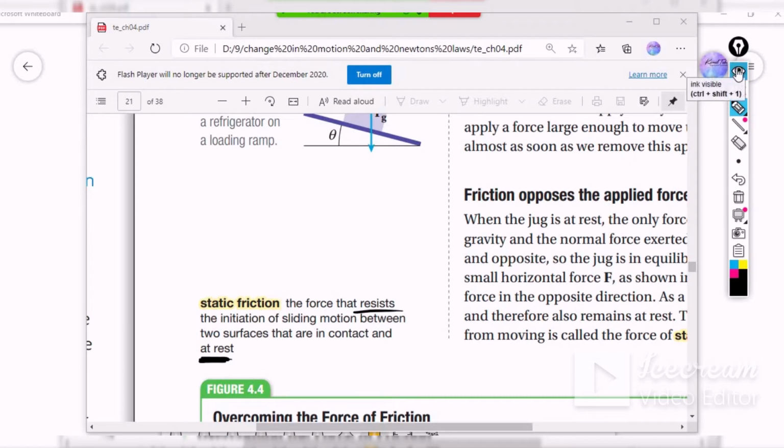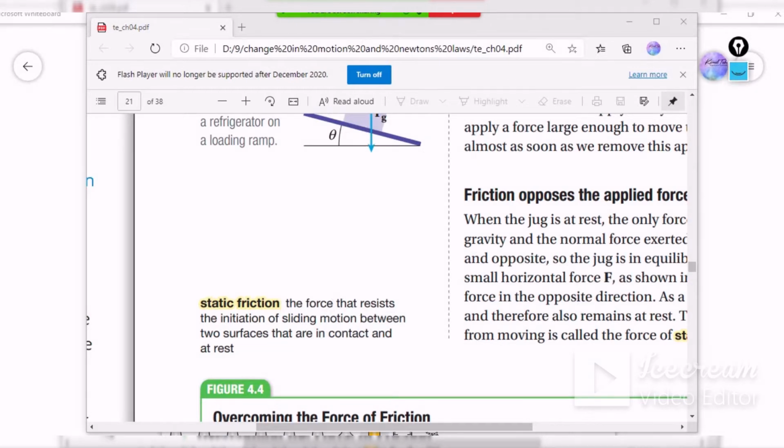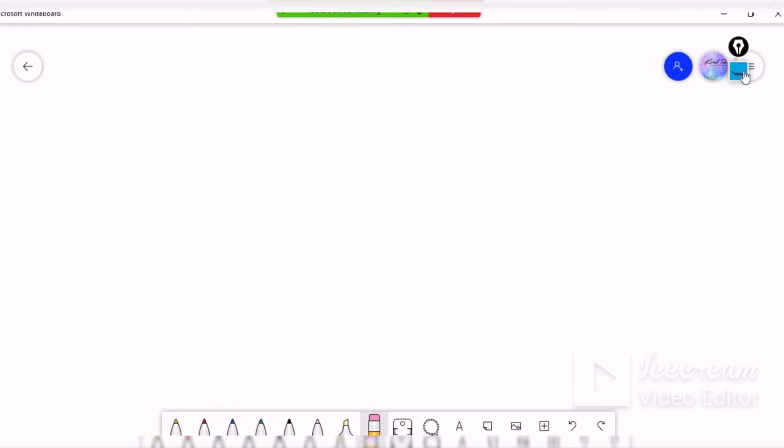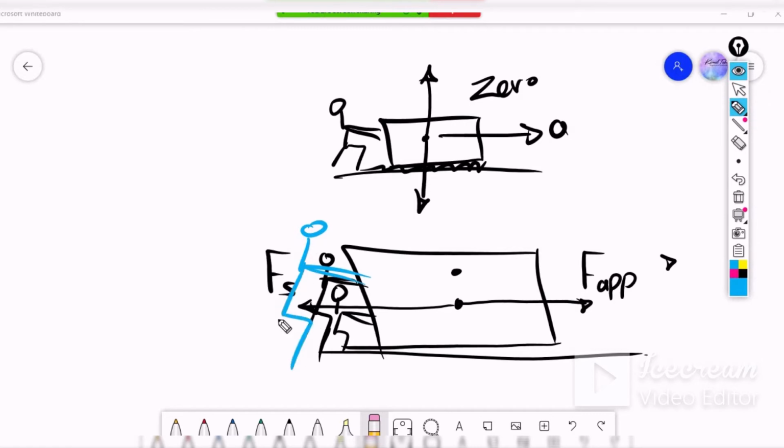Okay, now the object will move when we exert more force on this object. Now your father comes to exert on this object. I will erase some lines to be more clear for you. Now your father comes to help all of you to exert on this object.